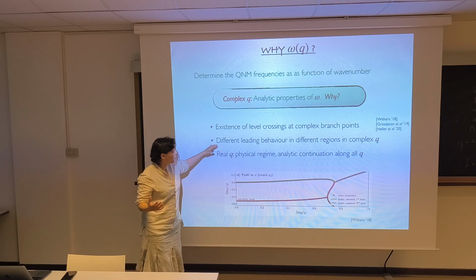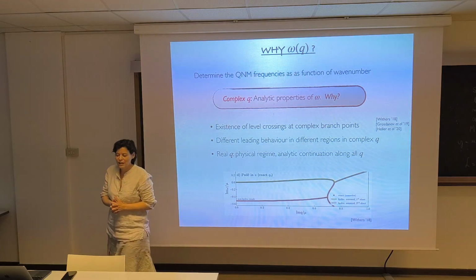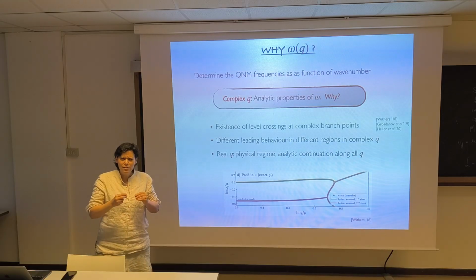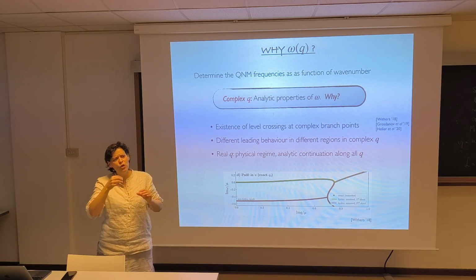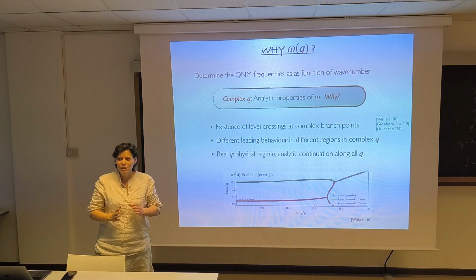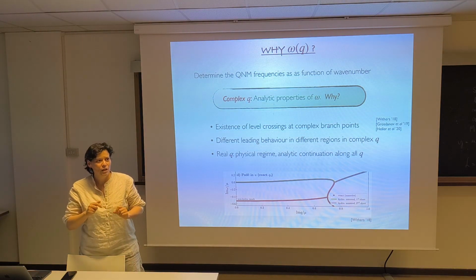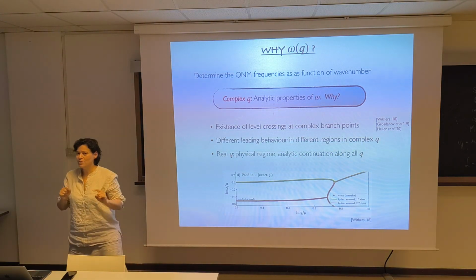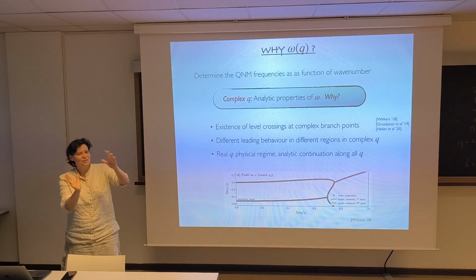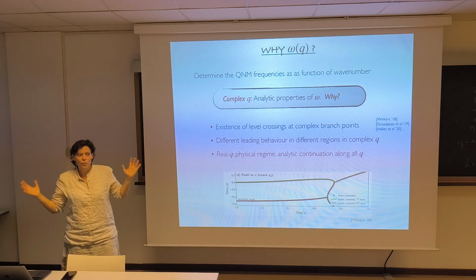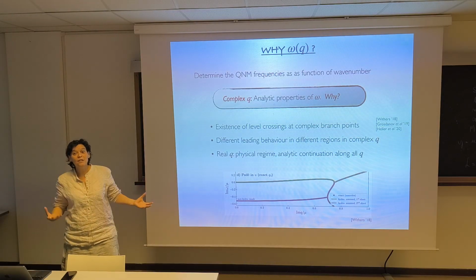Another thing that would be interesting, and something that we'd be looking at right now, is that if you go to the complex plane, actually the leading behavior in Q, you say, oh, omega of Q goes as Q. But sometimes if Q is imaginary, omega of Q might not go as Q, even though if you go for Q real, it does. So something weird happens in between the two, for large Q, for example. We need to understand the analytic structure.